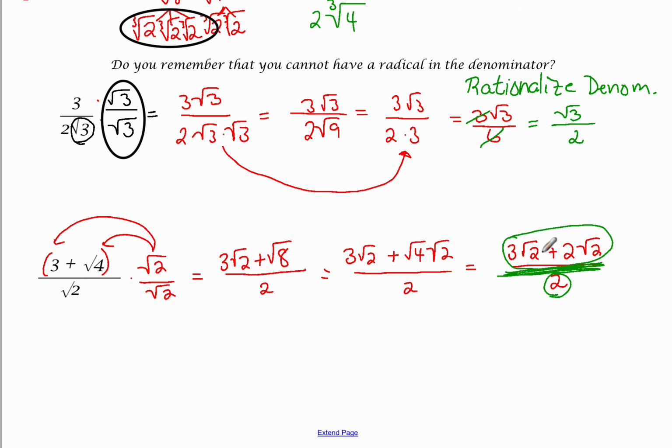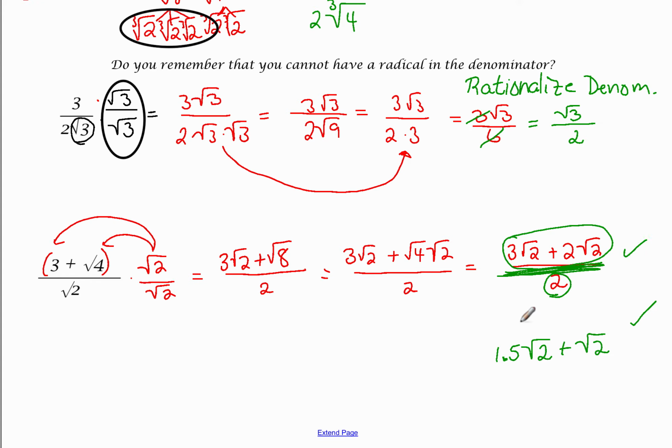Can 3 radical 2 be divided by 2? Not really. I mean, you're saying, well, I could do this, Mrs. Troll, and I could say 1.5 radical 2 plus radical 2. You're absolutely right. Now you can do it because you reduced both binomial terms by 2. But generally, we don't put decimals with radicals. But either one is considered correct.